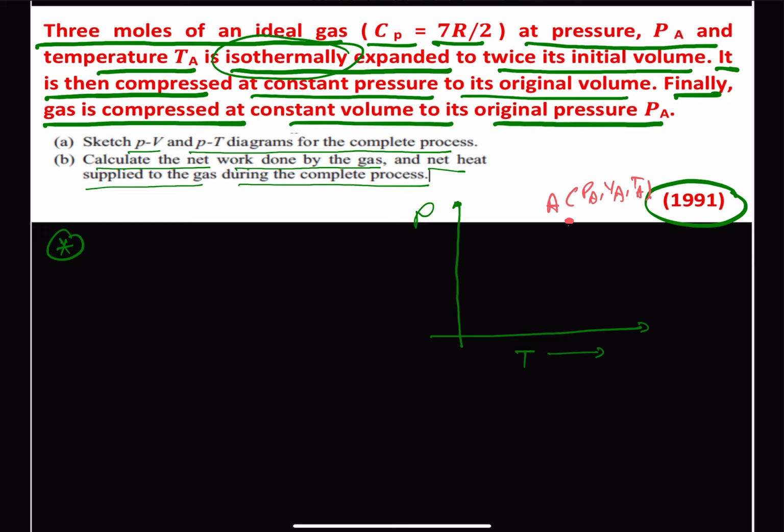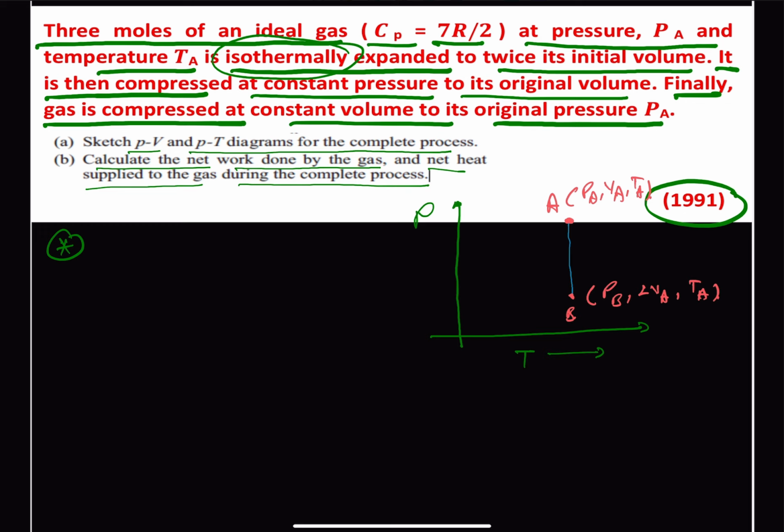Let us suppose it starts from A, and the second point is our B, and here let us suppose the pressure is our Pb, volume is twice our initial volume, and temperature is still our Ta.